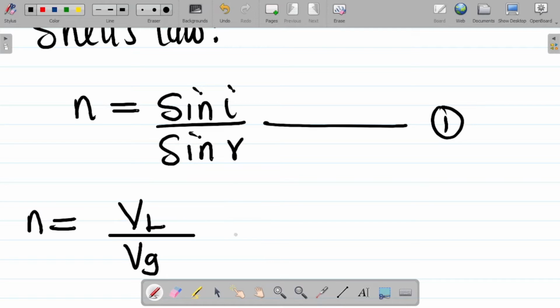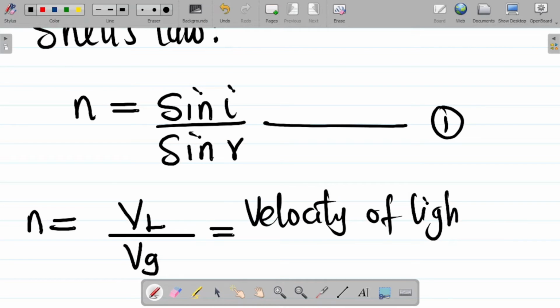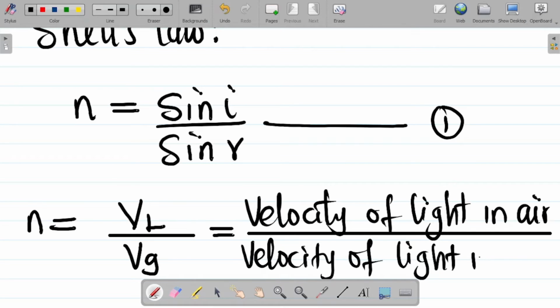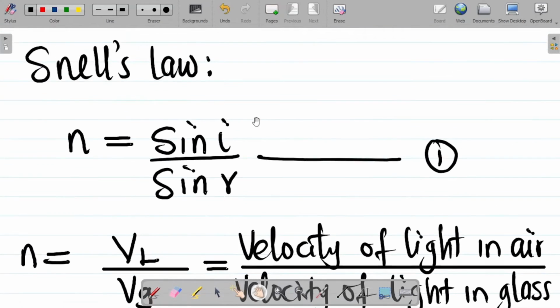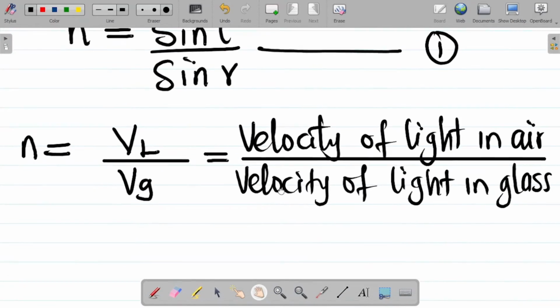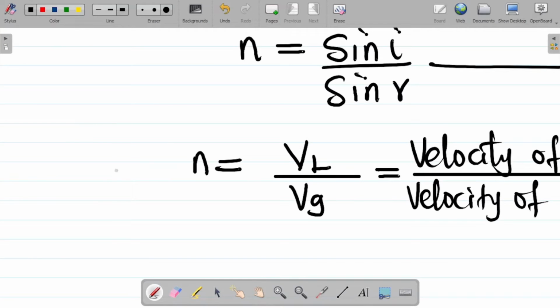So you can take note that refractive index can also be expressed as the velocity of light in air divided by the velocity of light in glass. This is also another expression of Snell's law. We'll call this equation 2.